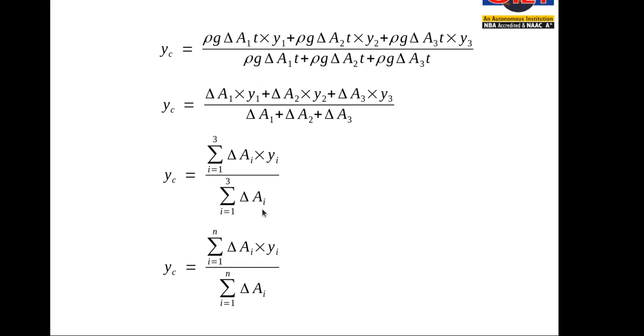If I divide the object into n number of elements, the same procedure can be applied, and I will be getting the formula yc is equal to sigma i equal to 1 to n delta Ai into yi by sigma i equal to 1 to n delta Ai. Similarly, xc can be obtained from this formula.